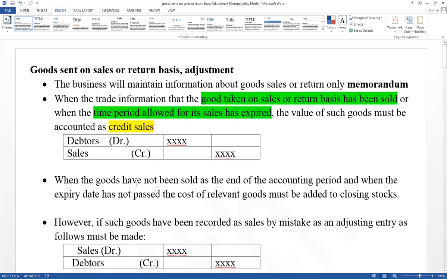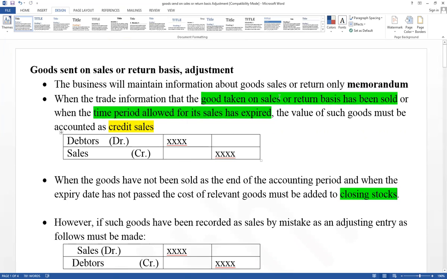When goods have not been sold as at the end of the accounting period, and the expiry date has not passed, the cost of the relevant goods must be added to the closing stock. This is the theory.